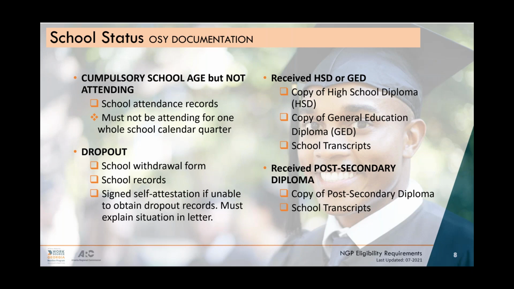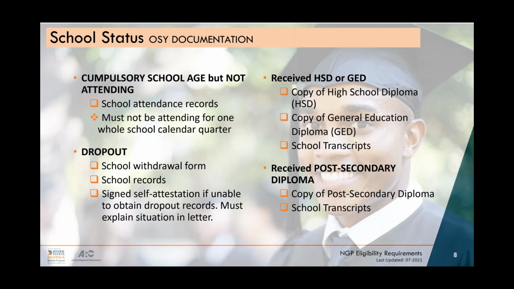But if they haven't been properly dropped out yet and haven't been attending for one whole quarter, then you can obtain their school records showing that, and they would be considered an out of school youth.